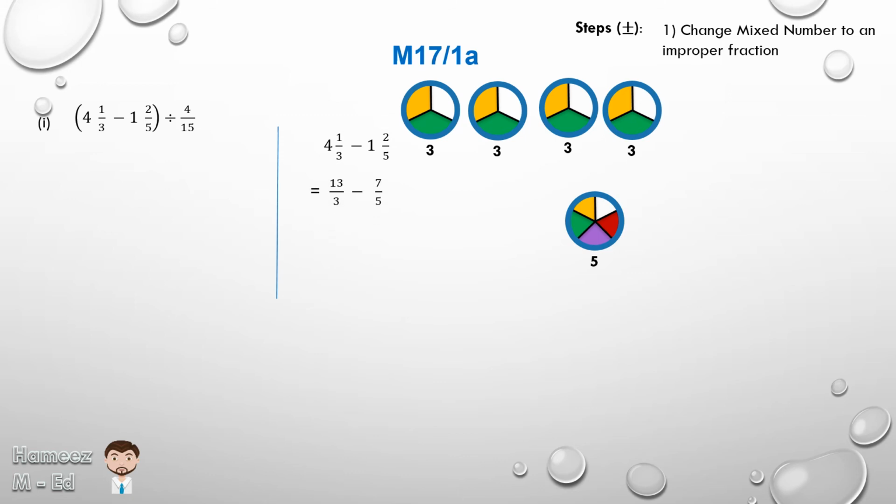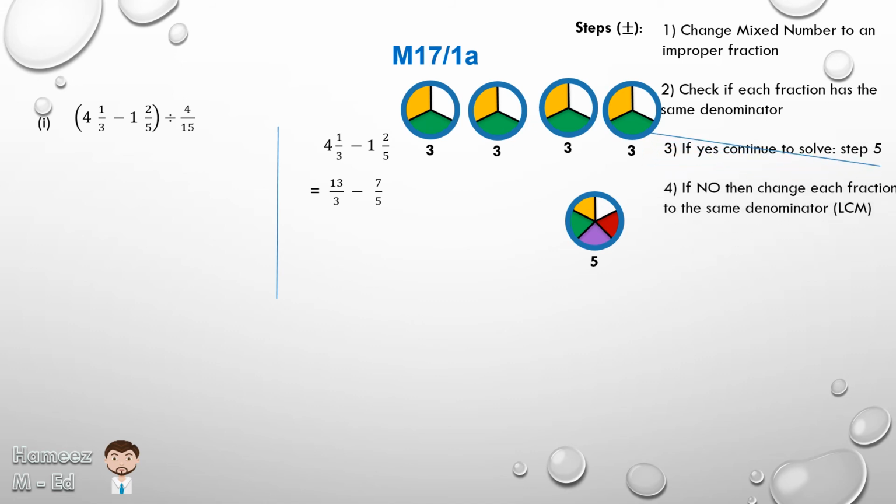7 over 5. Since we have changed it, we now look to see if this denominator is the same throughout. One denominator is 3 and the other is 5. Since they're different, we need to get a common denominator. 3 5s are 15. So we can use 15 as the common denominator, because if we use our 3 times table, we will get 15 in it, and we use our 5 times table, we'll also get 15 in it.